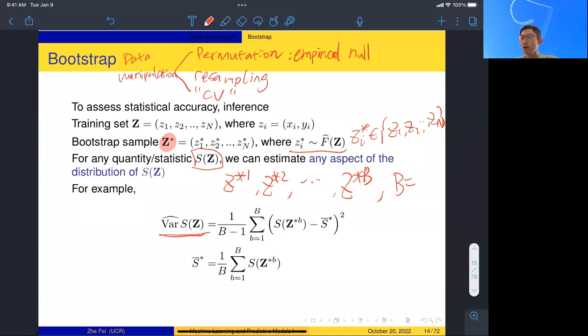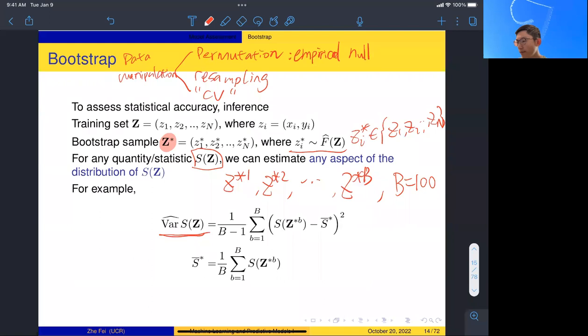Instead of $1, I have $100. Oftentimes this B takes a large enough value, B equal to 100, 200, etc. So instead of this one data set, now I have capital B data sets, so I could estimate the variation of my statistic S based on these 100 data sets.